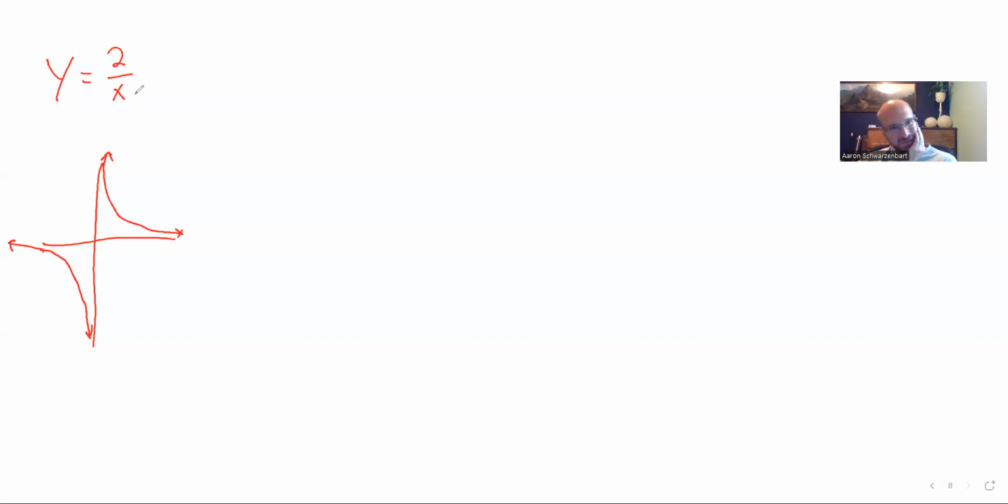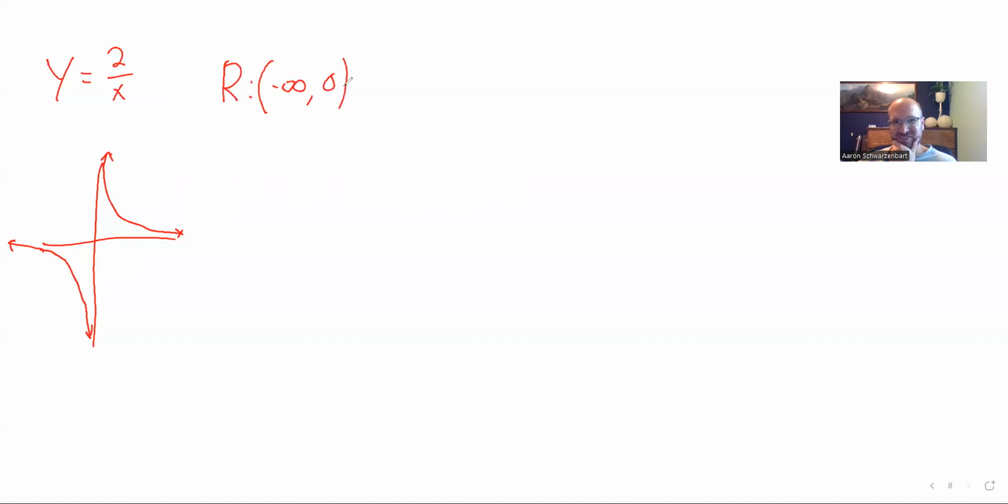In fact, 2 divided by, as x gets larger, I get closer, like a million. 2 divided by a million isn't 0. 2 divided by negative a million is not 0. My range, my y values can be anything. They're going to go forever up and down here, except 0.